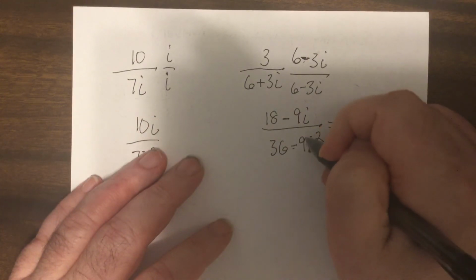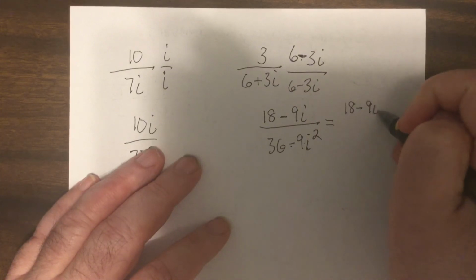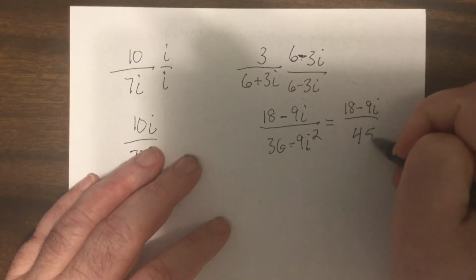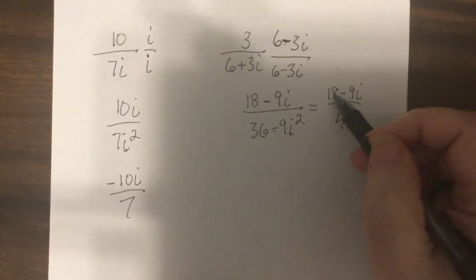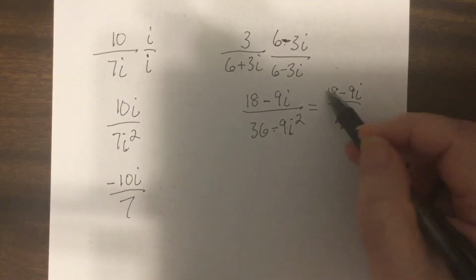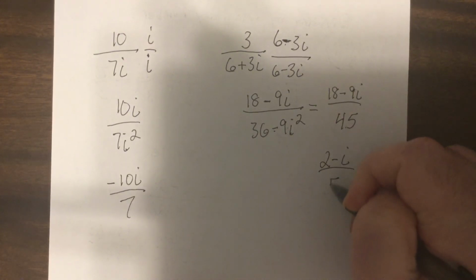It'd be minus 9, which would be plus 9. So 18 minus 9i over 45. But then you say, is there a number that goes in all three? And there is, 9. So it'd be 2 minus i over 5.